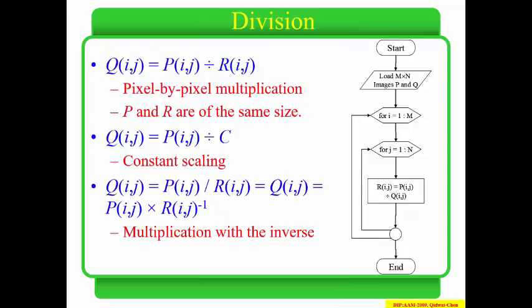For the division as well, either I can divide the pixels of one image by the pixels of another image, in which case it will be pixel by pixel, or we have division by a certain constant quantity, or the normal division of matrices using matrix manipulation that we studied in calculus, where Pij divided by Rij is equivalent to Pij multiplied by the multiplicative inverse of Rij.